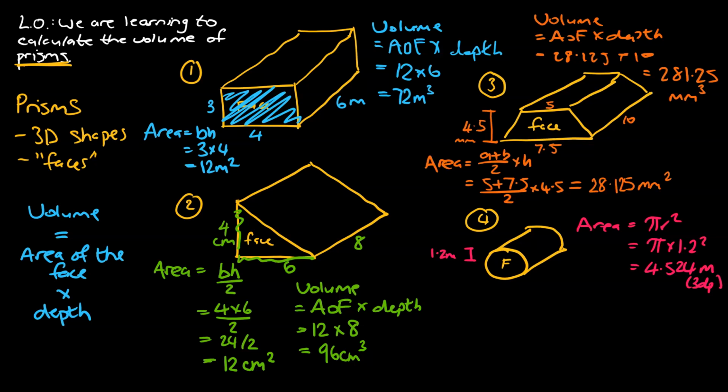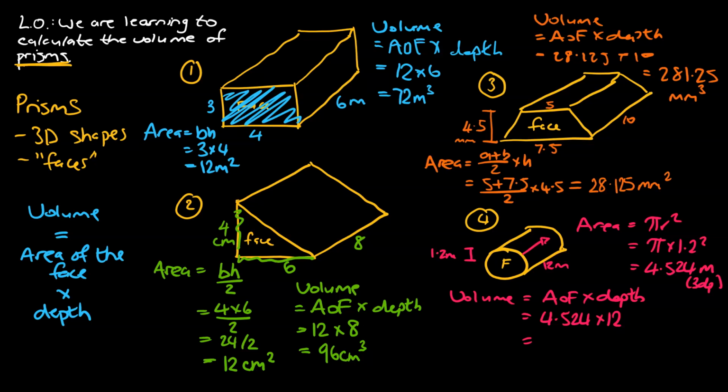Now that we've got the area, let's get into the volume. So the volume is equal to the area of the face times the depth. So this time around, let's say the depth here is maybe 12 meters. So it's quite a long cylinder. Maybe it's like a plumbing pipe or something along those lines. So that's going to be 4.524 times 12, which is the depth, or how far the circle goes out.